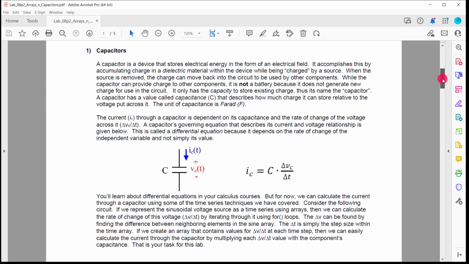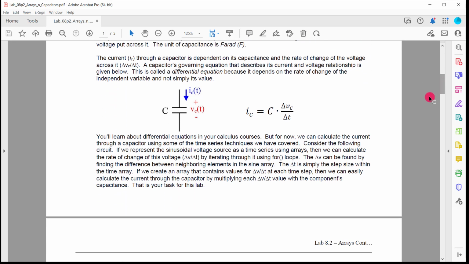So this is where you start seeing the need for calculus. This is called a differential equation. It doesn't depend on the value of the voltage. It depends on how fast the voltage is changing. We have a whole class on this, differential equations, a 4-credit class where you're going to learn all about this stuff.